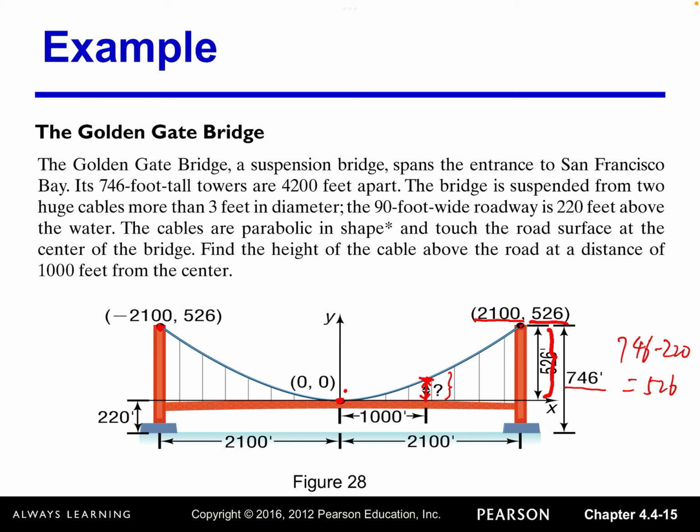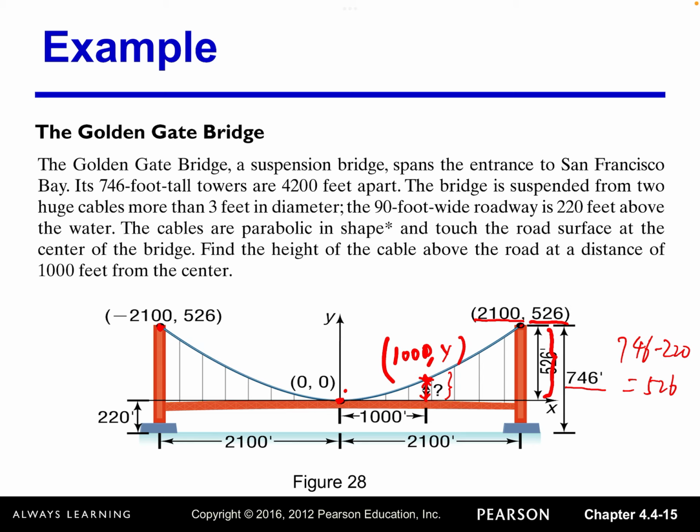From here to here, what is the height? Okay, one is 1,000 feet apart from the center. So this point's x coordinate equals 1,000. We're looking for the y coordinate actually. Okay, that's this problem.